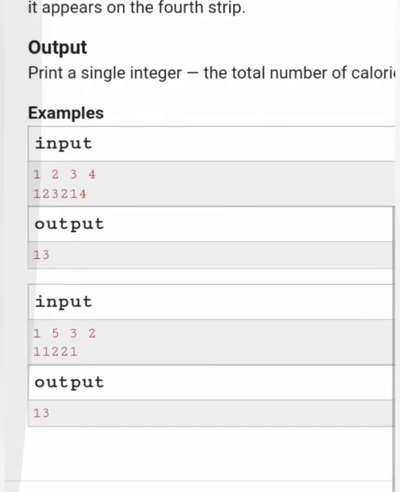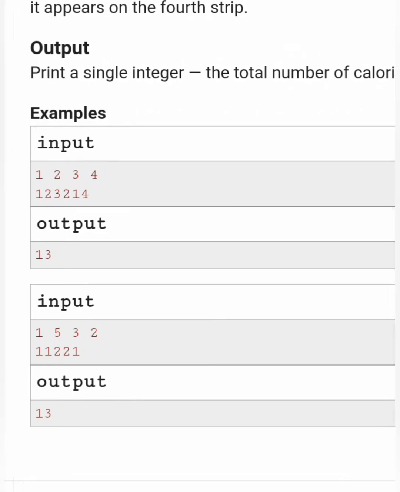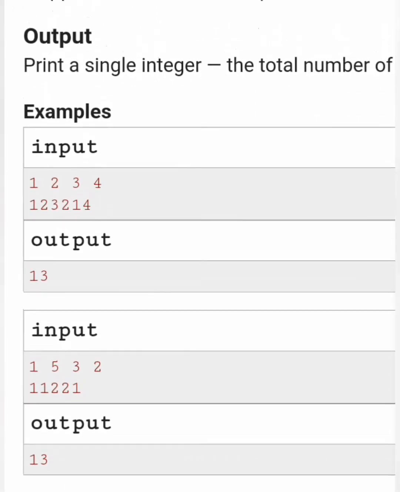It means when a character is equal to, say, 1, then we add a1. You can see 1, then 1 plus 1 is 2, 2 plus 2, 1 plus 2 is 3, 3 plus 3 is 6, and when it's 4, and then when it's 2, 6 plus 2 is 8, 8 plus 1 is 9, 9 plus 4 is 13.